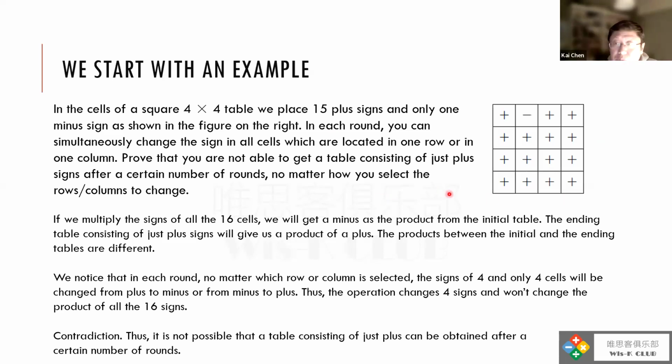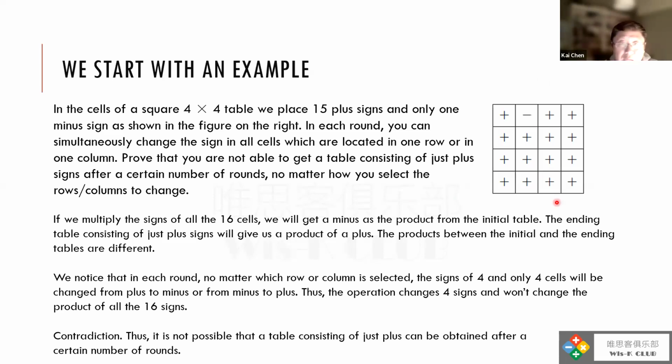So it says in a square of 4 by 4. So actually you get 16 cells or squares, and each square is assigned a sign of plus or minus. So here we get 1 minus, but 15 plus. And the rule is that in each round you can select one row or one column, and change all the signs to the other sign.